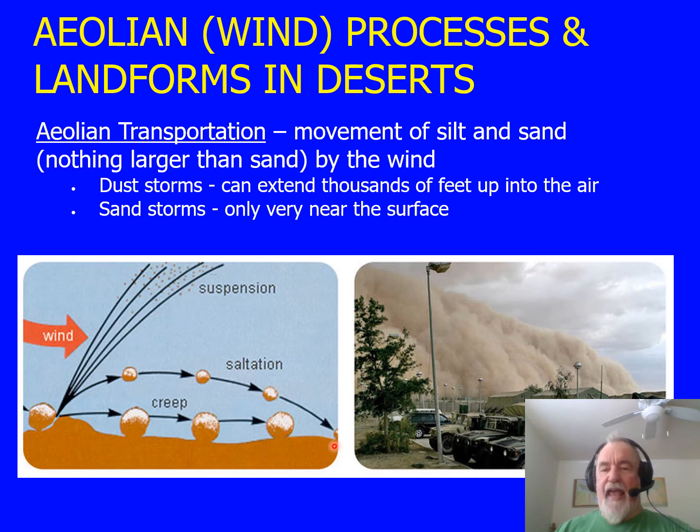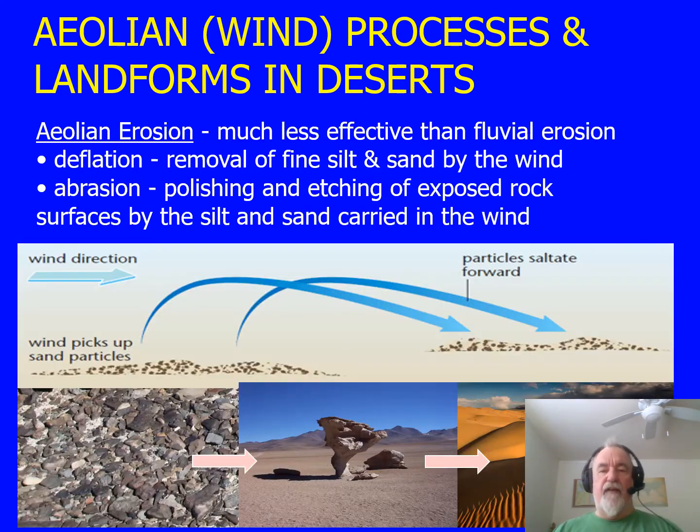Now it's the sand that's going to do a lot of the erosional crafting or carving within a desert environment, less so the silt, clay, and finer particles. So again, earlier we talked about the process of deflation, of wind picking up the sand grains, and then those sand grains will roll across the surface, right?